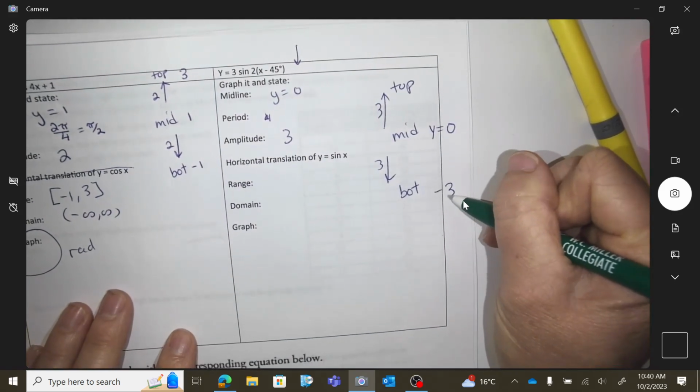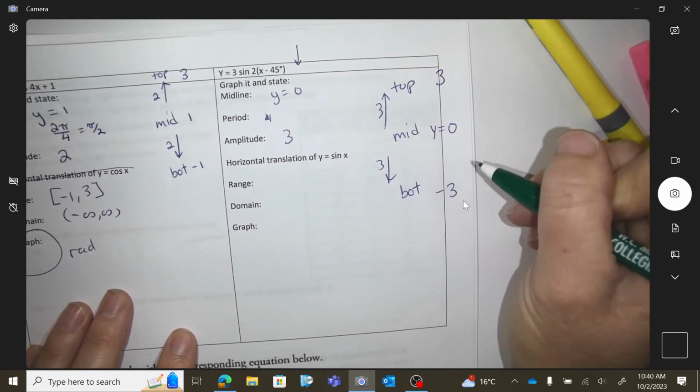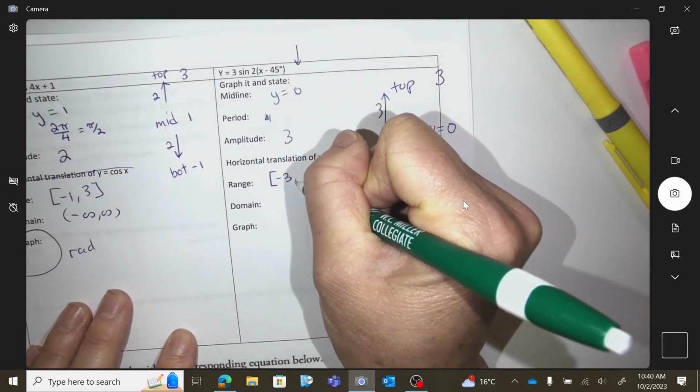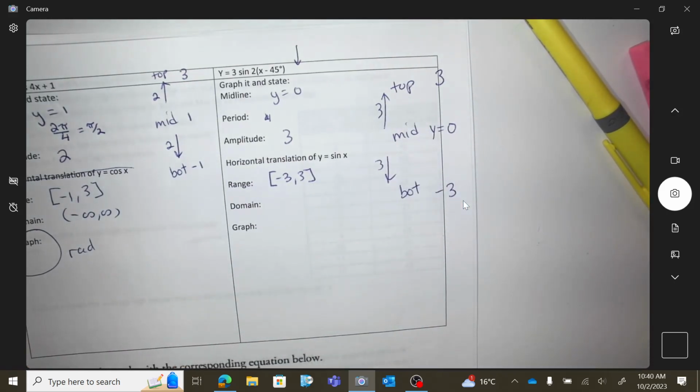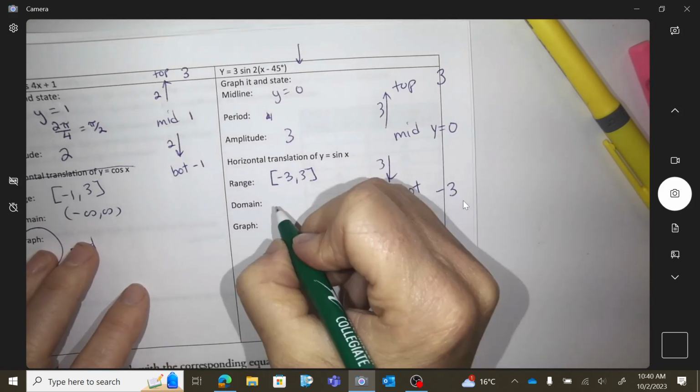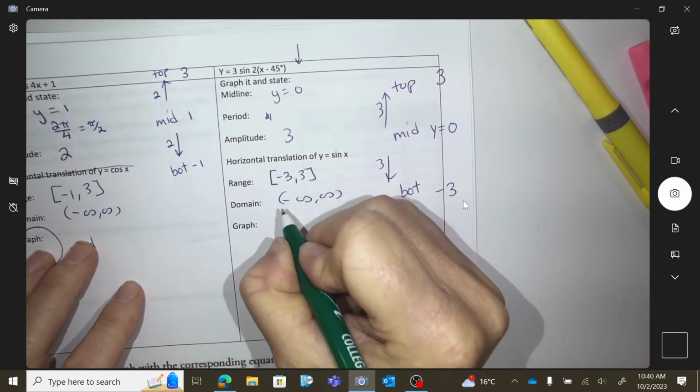Which means my bottom and my top I can get. Okay, now let's go domain, negative infinity to infinity.